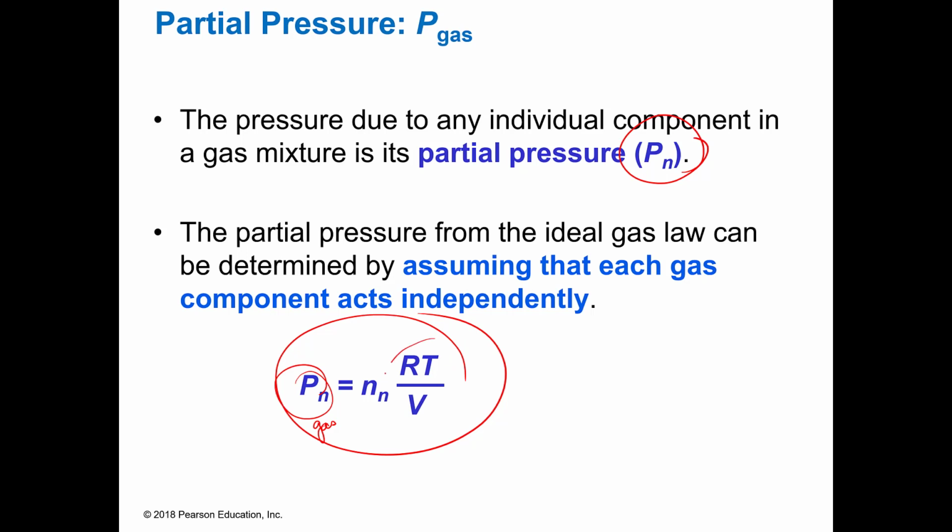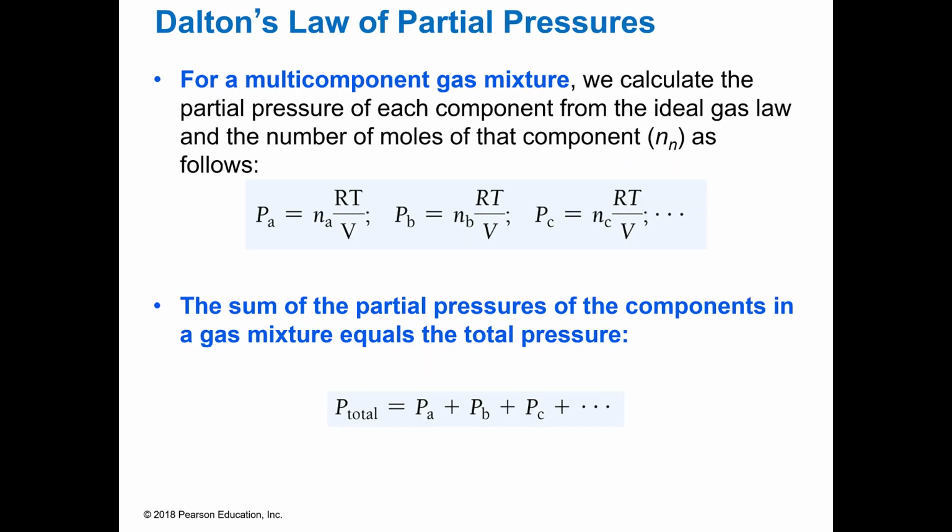All of this is going to be the same for each of the gases, but the number of moles is the only thing that may be different. So if you have a multi-component gas, gas A, gas B, gas C, the pressure of each relates to the number of moles of each one of those gases.